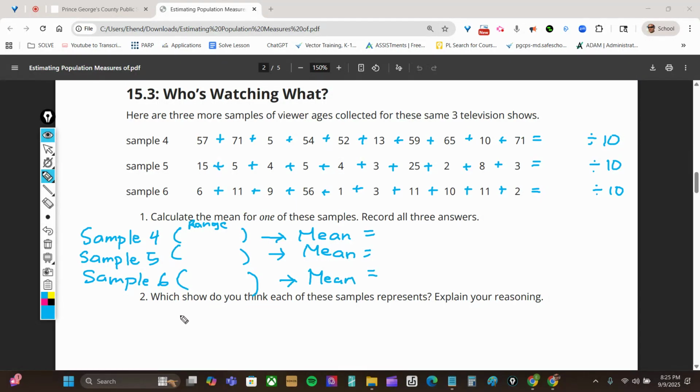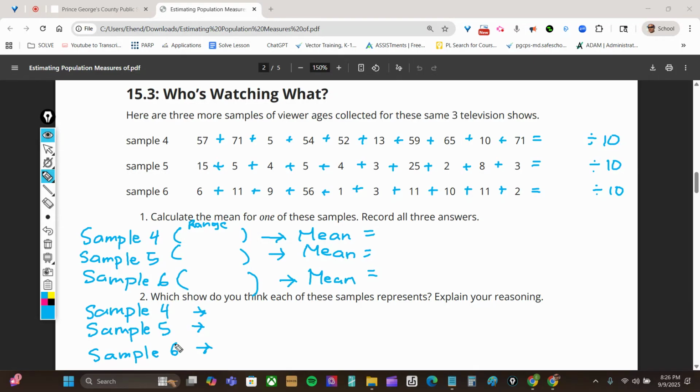Okay, and then based on that, you could say sample 4 goes with which TV show, sample 5 goes with which TV show, and sample 6 goes with which TV show.